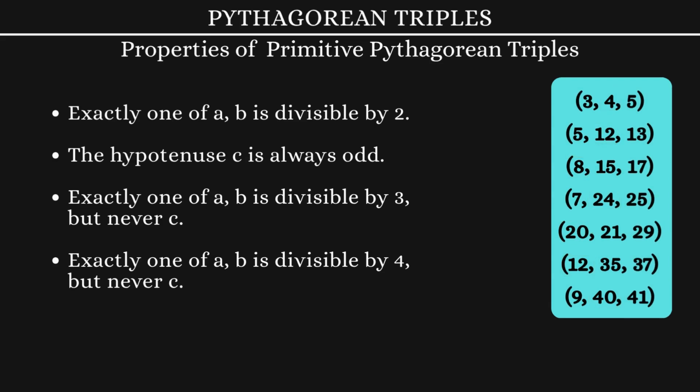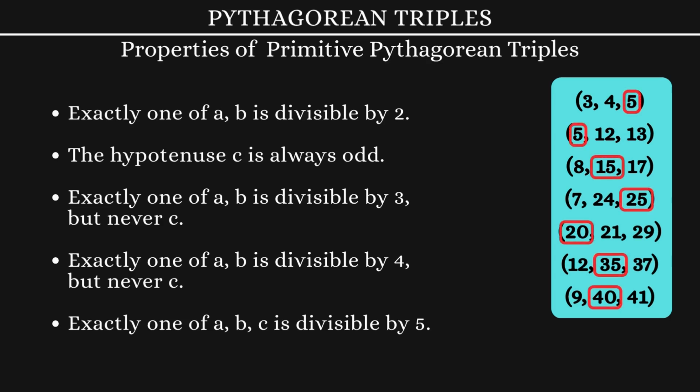And the last property: exactly one among A, B and C is divisible by 5. On going through these examples, one among the 3 numbers in every set is divisible by 5.